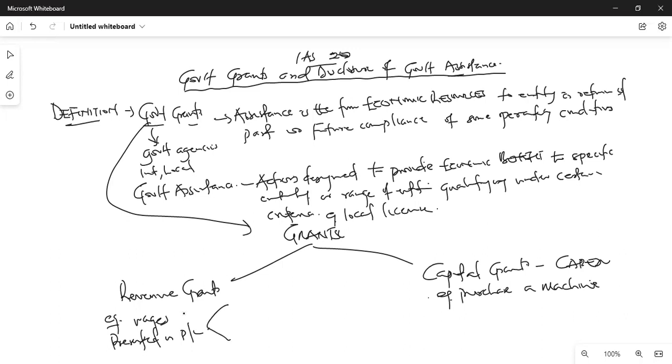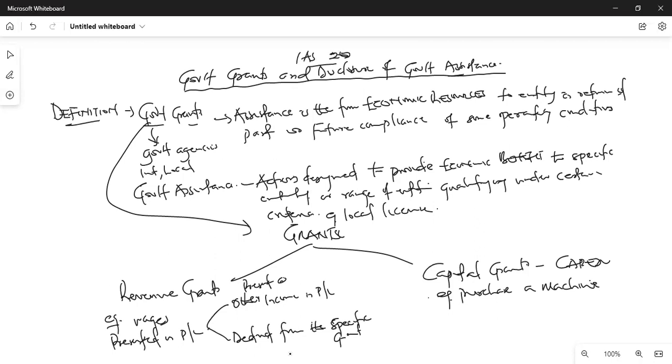You can present the entire grant amount that has been given to you as other income in your P&L, or you can deduct it from the related or specific expense for which the government gave you the grant. We will look at some figures. So that is how it is treated.